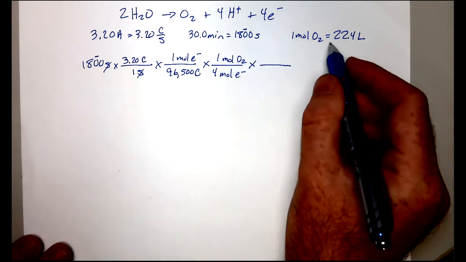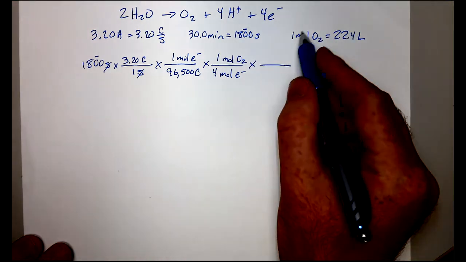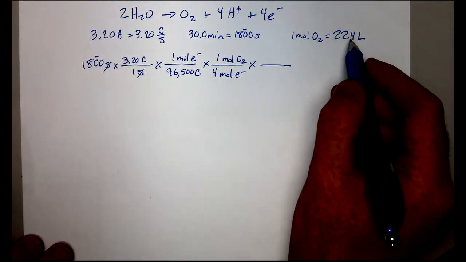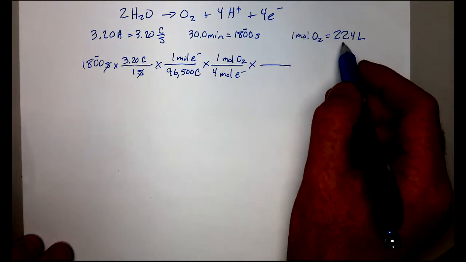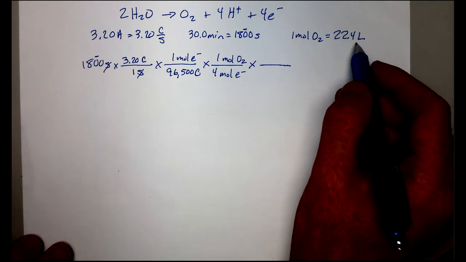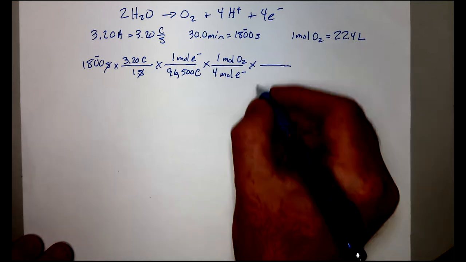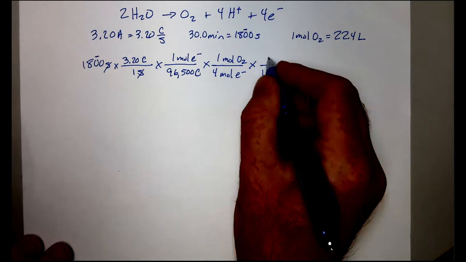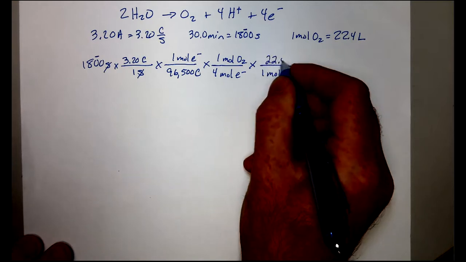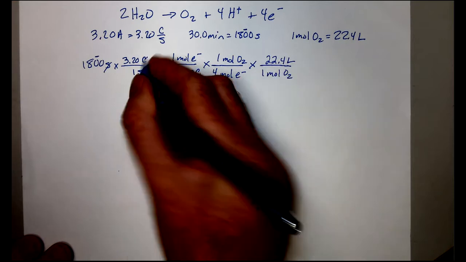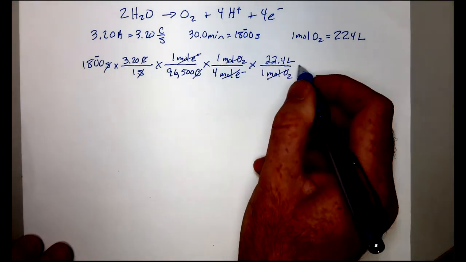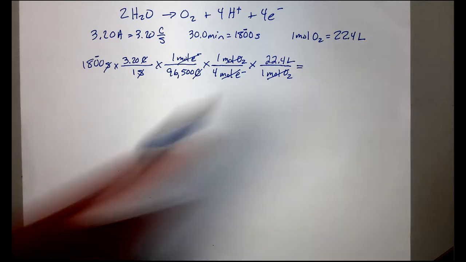And since it's STP, we can use our gas law principles. 1 mole of an ideal gas at STP, we said way back in the gas law chapter in first semester, was 22.4 liters. You can go back and watch some of that if you need to prove that to yourself. And so we see coulombs, moles of electrons, moles of O2, and we're left with liters of O2 gas.